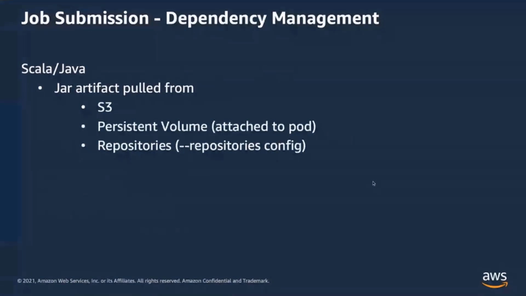So in the demo that Peter showed you, you saw running a Pi job, which was bundled within the Docker image that was provided by EMR on EKS. When you submit a Spark job, under the hood, EMR on EKS creates the pod spec for the drivers and executors from the input you provided in the job submission API.